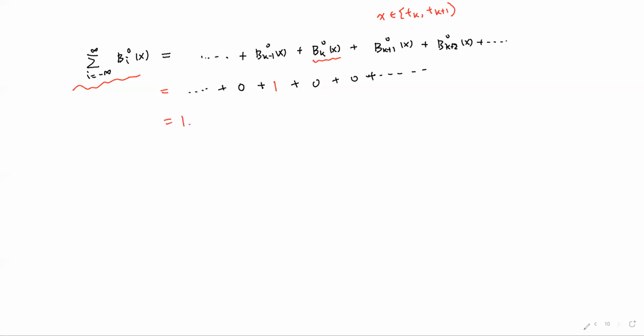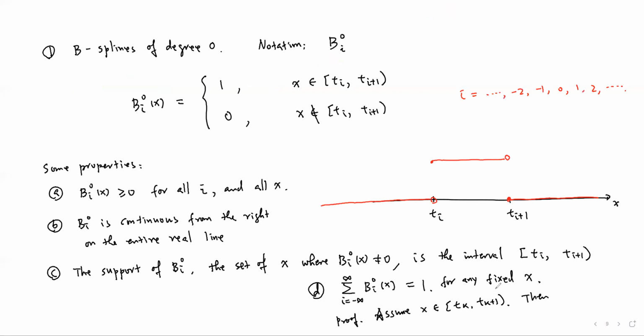So for any x, when you sum up these B-spline functions, the sum is 1. Today I first defined the spline function of degree 0.